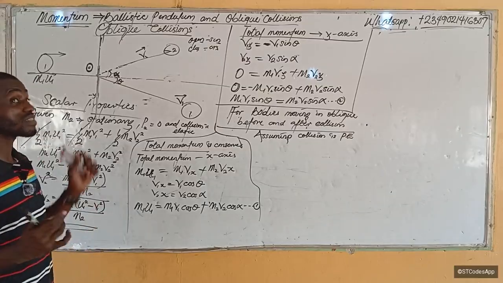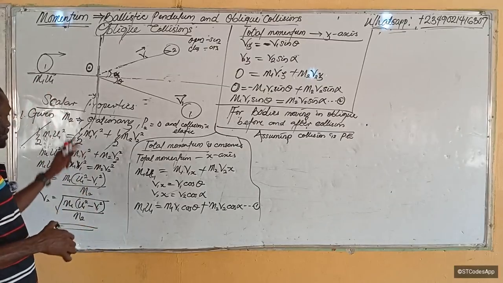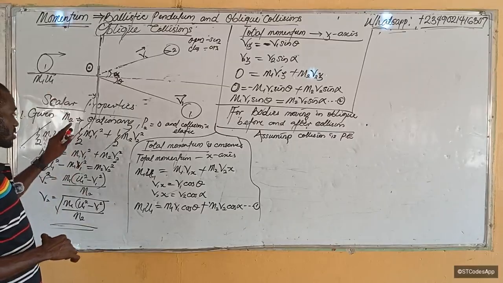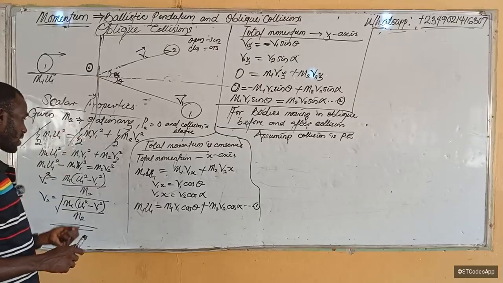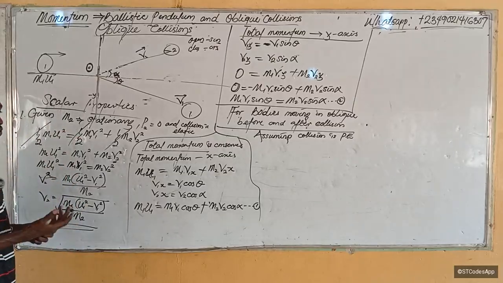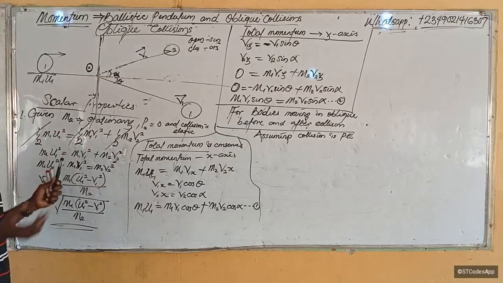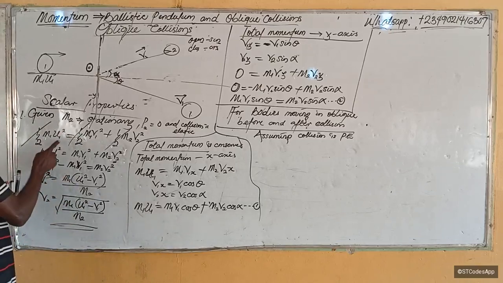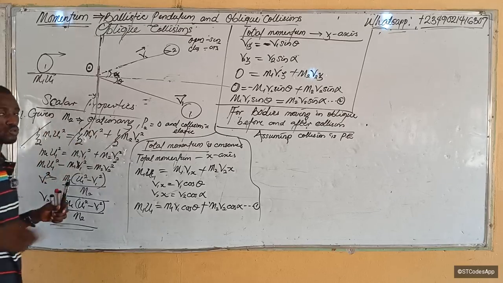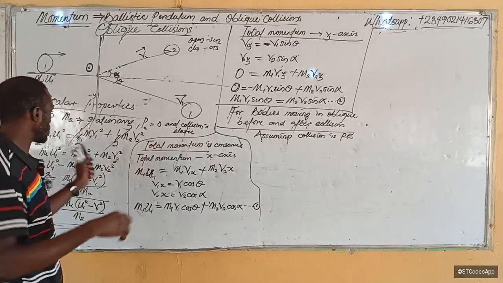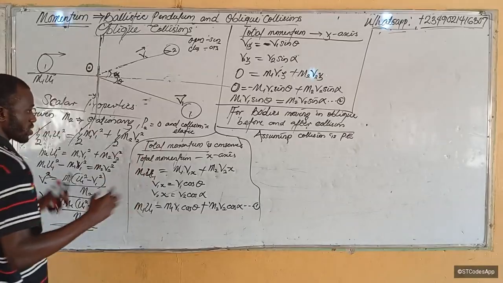If both bodies were moving together before, here one body is stationary, I didn't even do that part. If both bodies were not stationary, it's the same thing: it will just be half m1 u1 squared plus half m2 u2 squared, and so on, equal to this side. Do you understand? If both bodies were moving before.